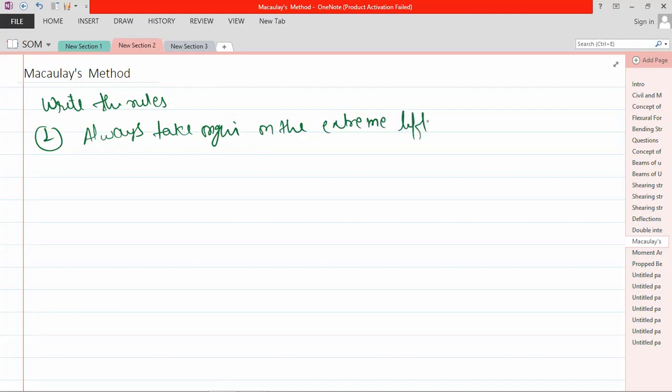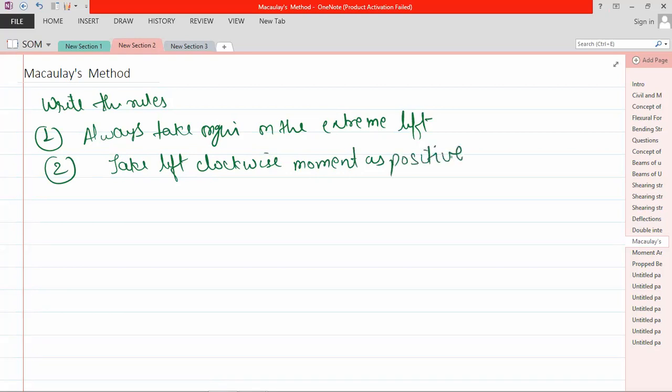Second, take left clockwise movement as positive. Sorry, this is not positive, this is negative, and anti-clockwise as positive.